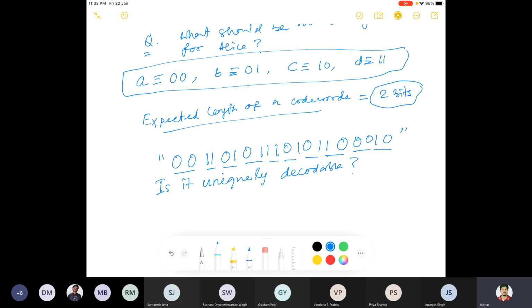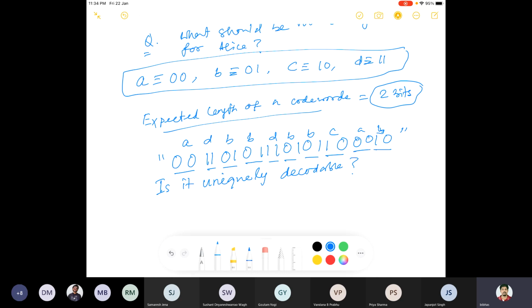So it is like A. Then D. 01 means B. 01 means B again. 11 means D. 01 is B. 01 again B. 10, let's say C. 00 it's A. 10 it's C. So it is uniquely decodable. So that's not a problem. I just gave you an example. Is it uniquely decodable? Yes, it is uniquely decodable.